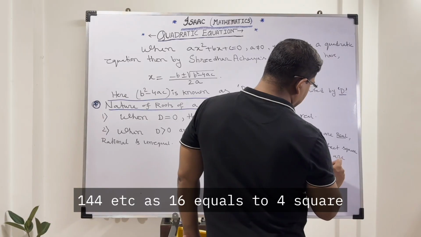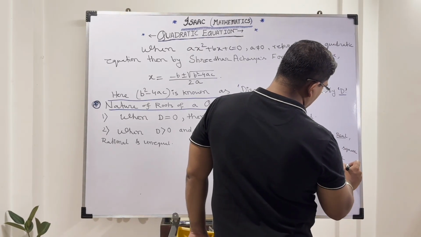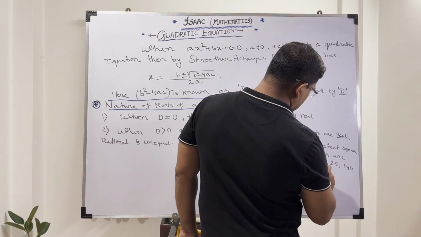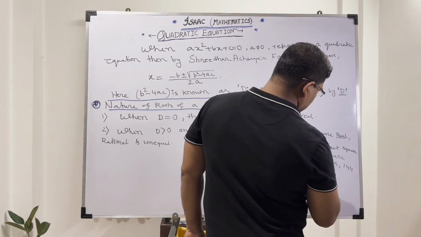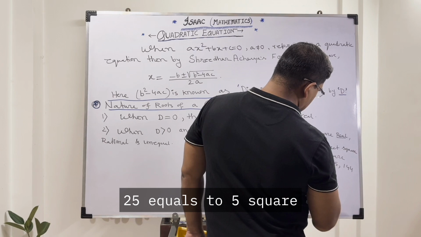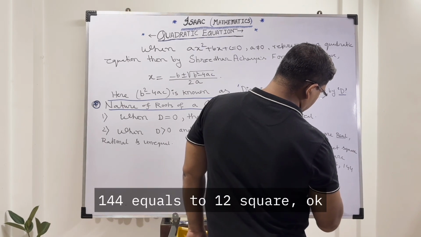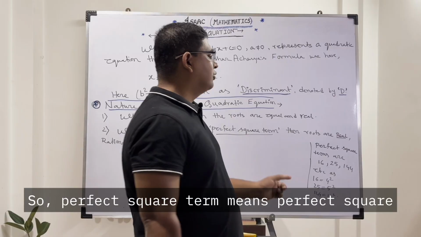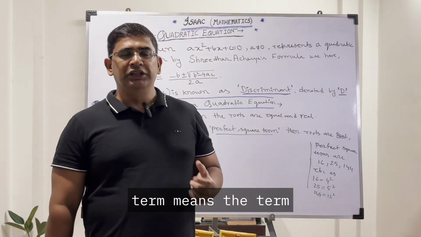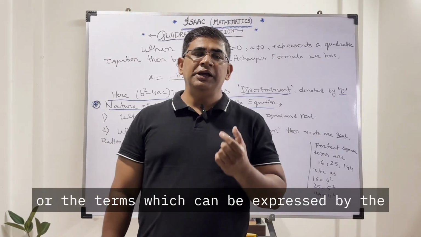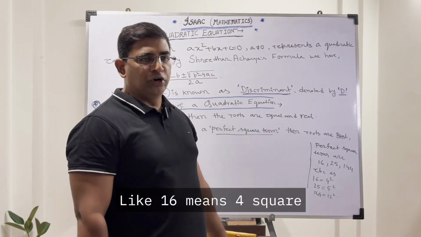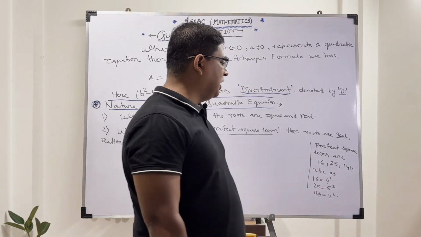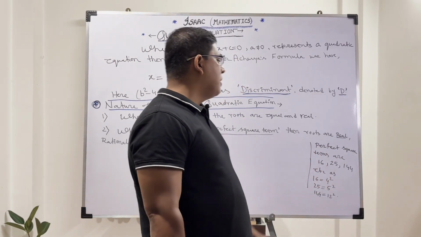Perfect square terms are 16, 25, 144, etc. As 16 equals 4 square, 25 equals 5 square, 144 equals 12 square. That is why they are the perfect square terms.